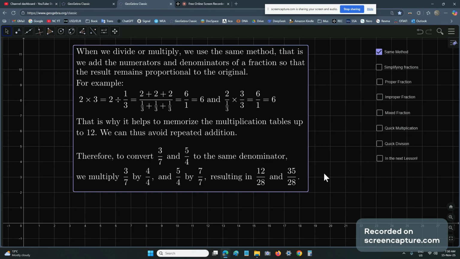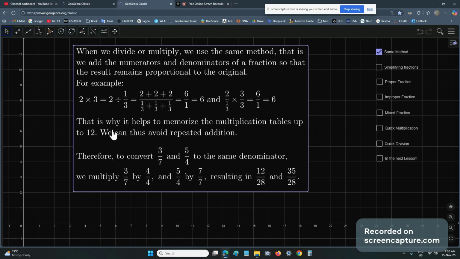So for example, I showed you the case of 2 times 3 and 3 times 2. And of course, you get the same answer in both cases. And in this example here, I showed you that rather than using this long, tedious method, we could use equivalent fractions simply by multiplying the numerator by 3 and the denominator by 3 and get whole numbers, in which case we can get the answer faster.